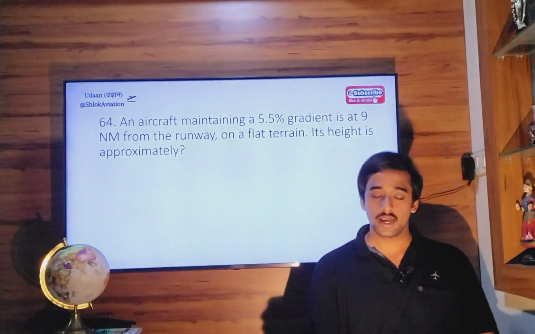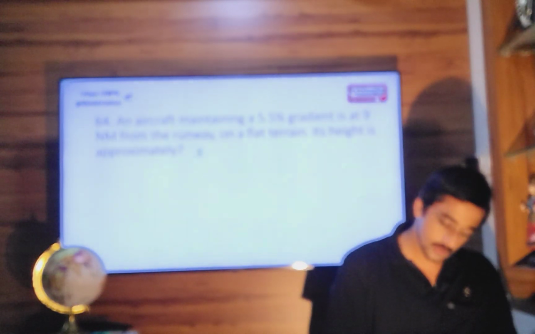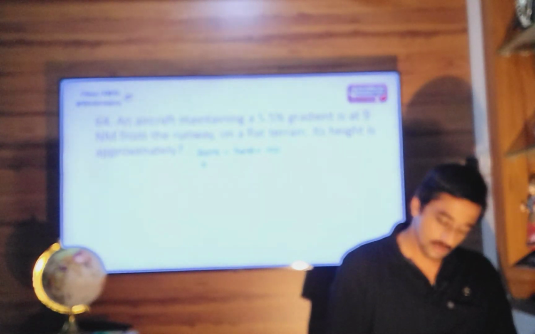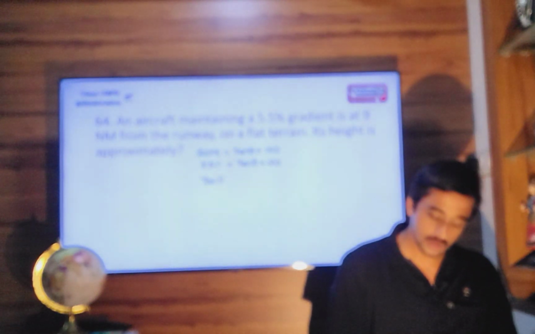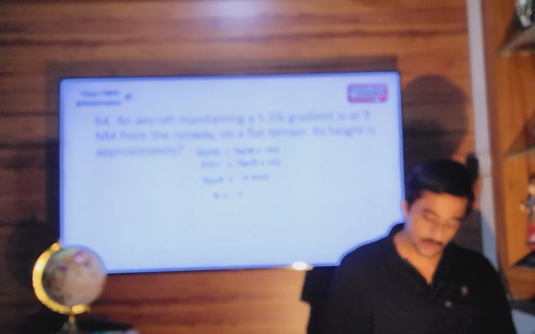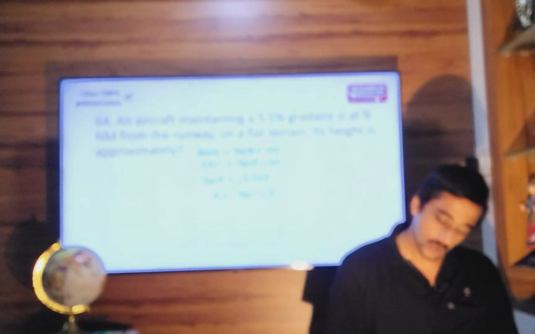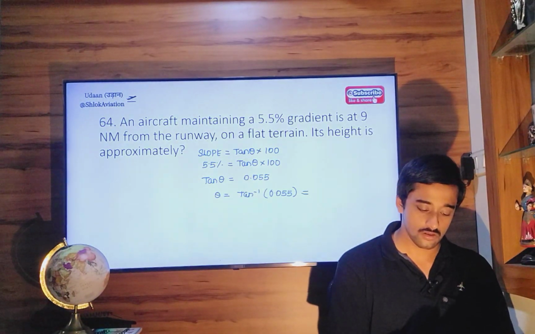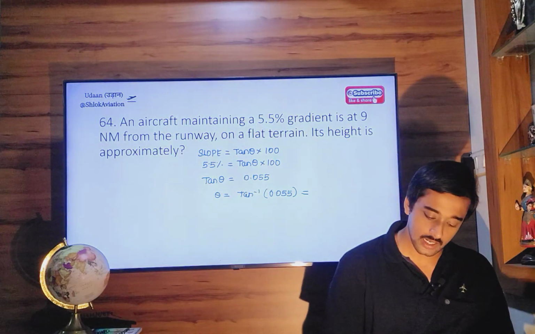Aircraft is maintaining a 5.5% glide slope. So convert that into angular measurement. Tan theta equals 0.055, theta will be equal to tan inverse 0.055, which is 3 degrees.